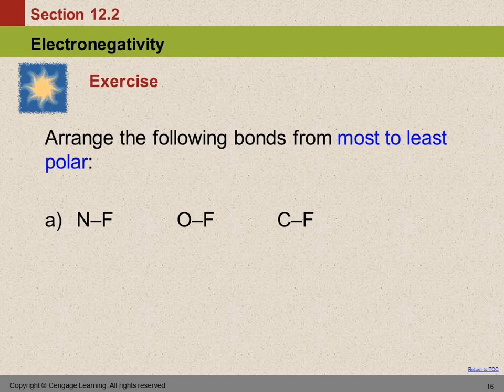So we're supposed to arrange the bonds from most to least polar. How do we do this? Well, what we're going to do is look at the periodic table and just kind of guesstimate the difference between the electronegativity of these different atoms.